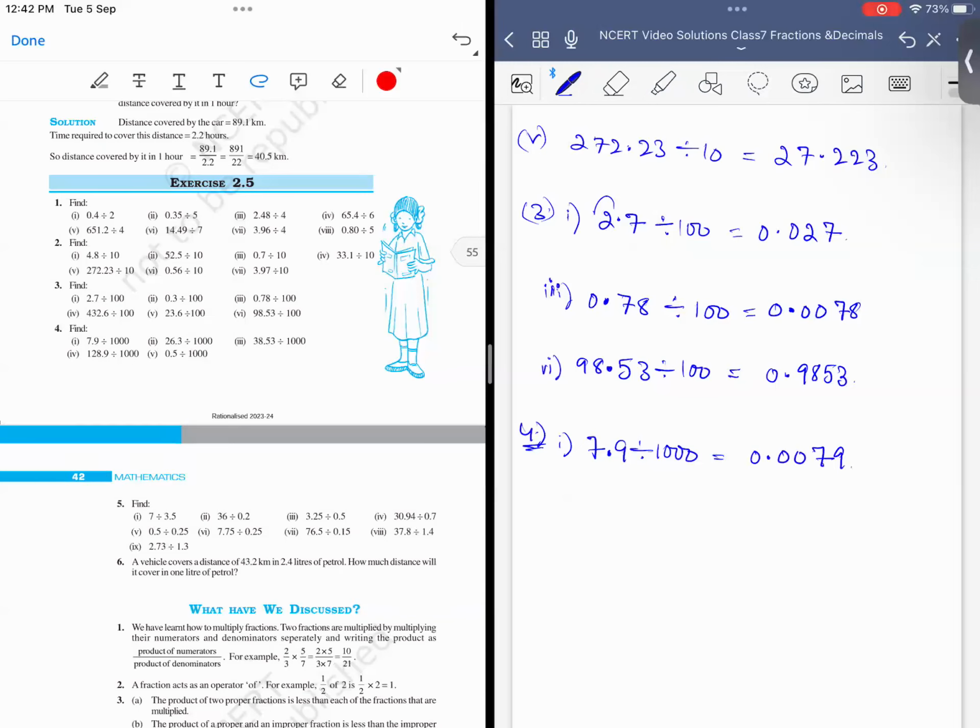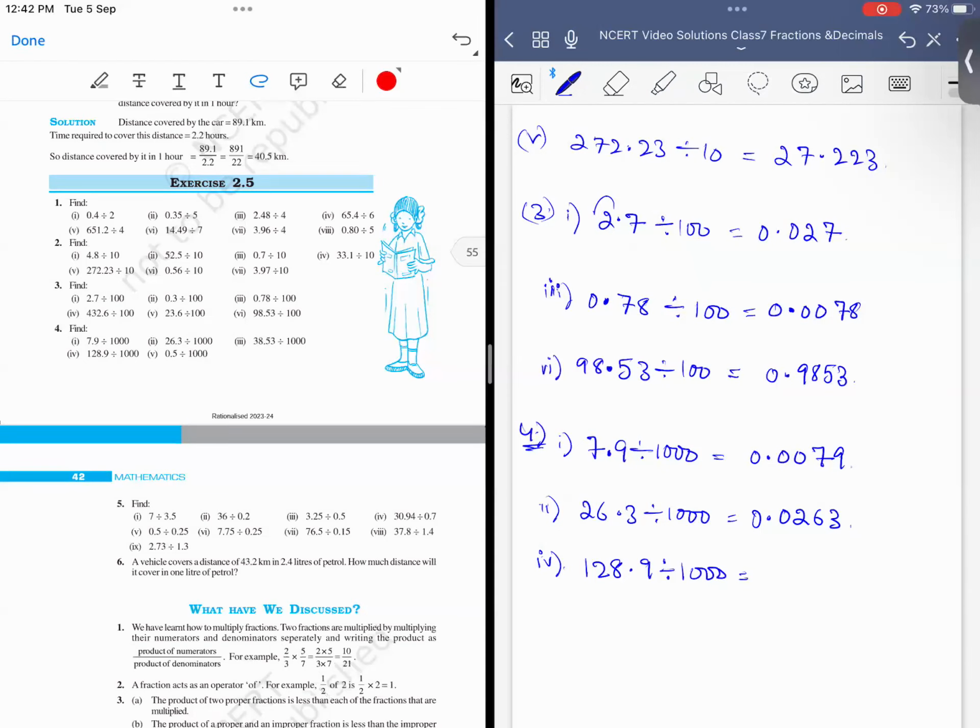So it will be 0.0079. Next, question number 2, 26.3 divided by 1000. Again, the decimal has to move three places towards left. It will be 0.0263. Likewise, we can do the rest. Question number 4, look at 128.9 divided by 1000.